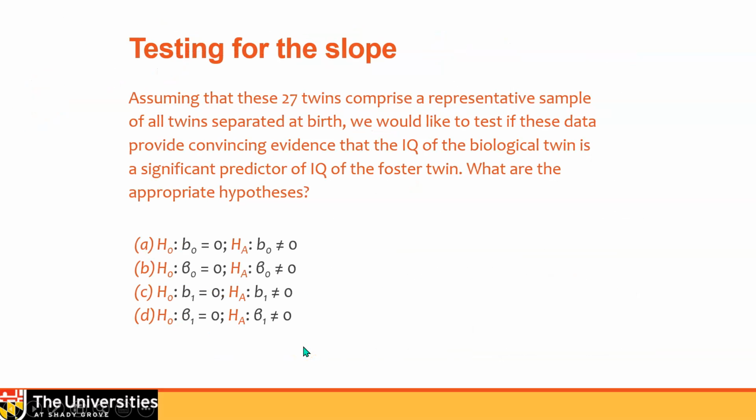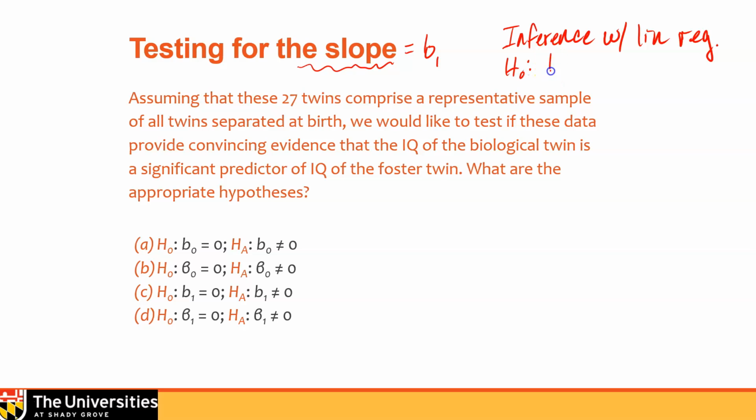And when our hypothesis is testing for the slope, which happens to be b sub 1, our null hypothesis is that basically there is no linear relationship.